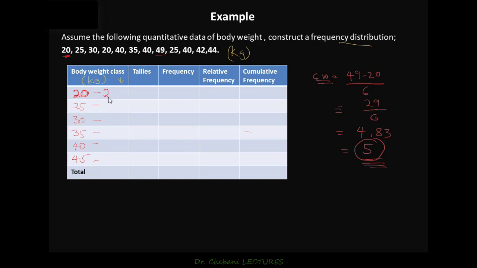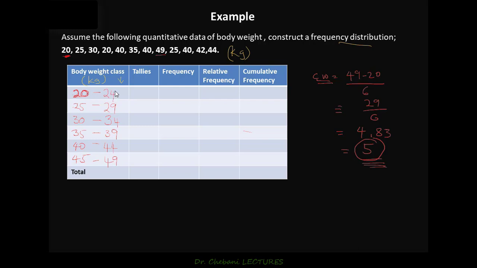So we would have 24, right? 24 plus 5 would be 29. 29 plus 5 gives us 34. 34 plus 5 gives us 39. 39 plus 5 gives us 44. And then 44 plus 5 gives us 49, right? So we have our 6 classes, all with a class width of 5.